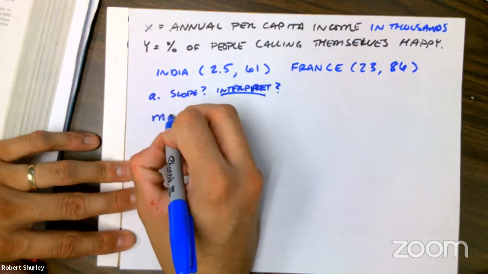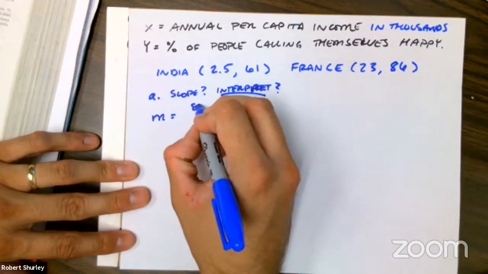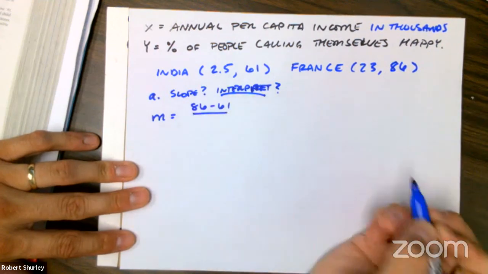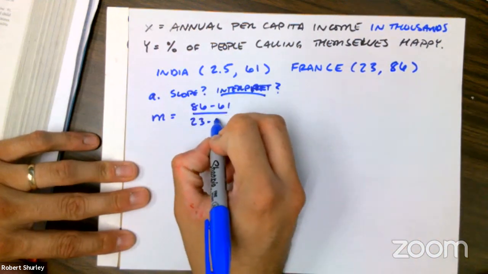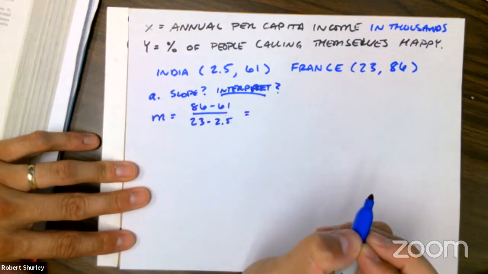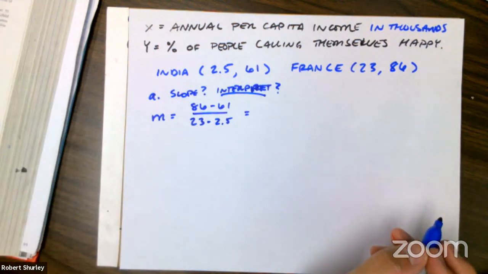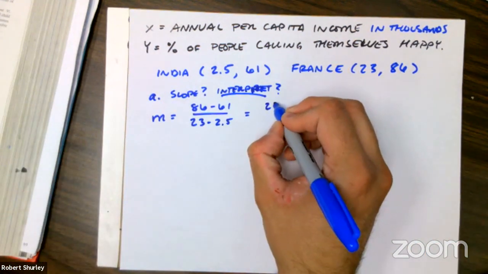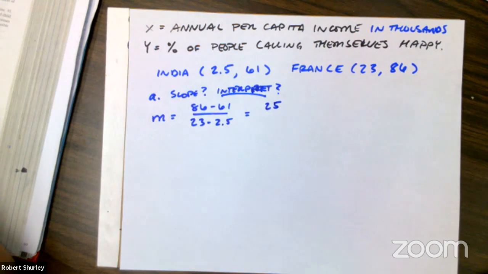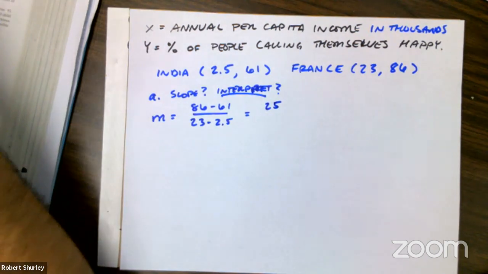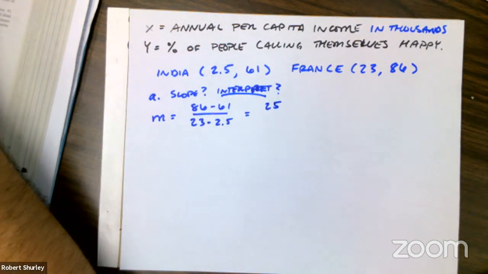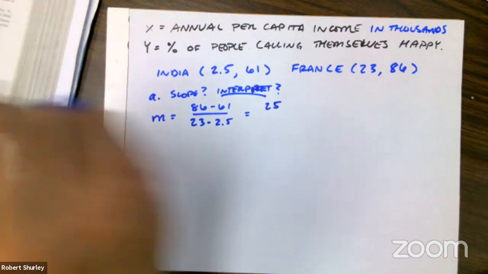So if I was going to find the slope, difference in the y, 86 minus 61 over 23 minus 2.5. Okay. 86 minus 61 is 25, I believe. Is that right? And then 23 minus 2.5 is 20.5.